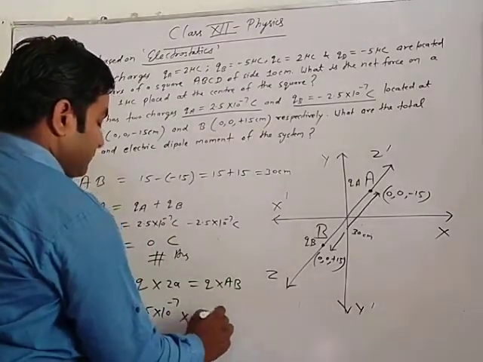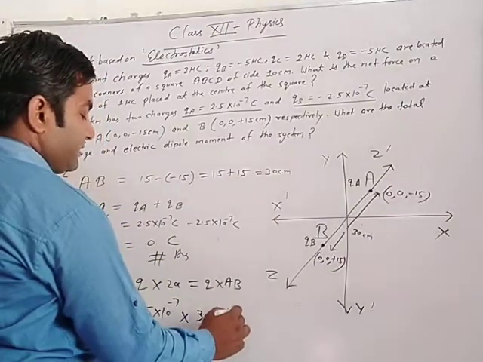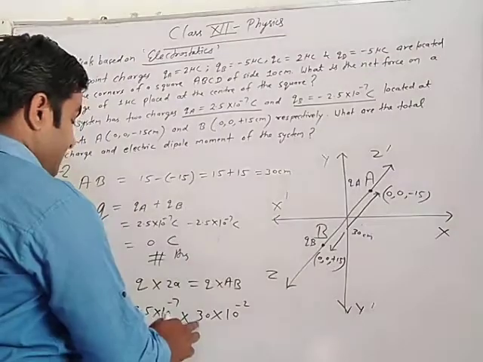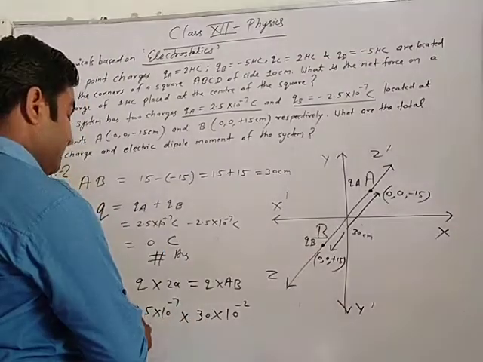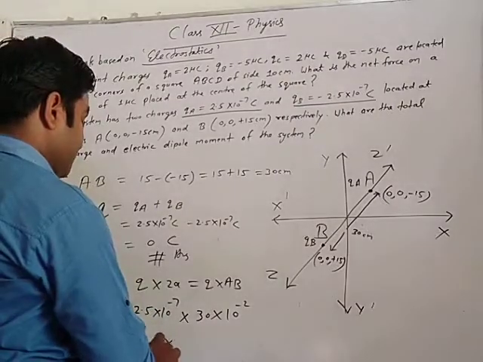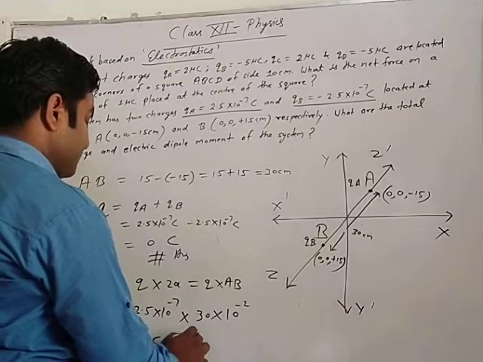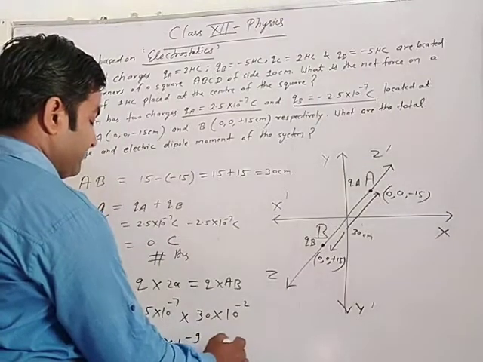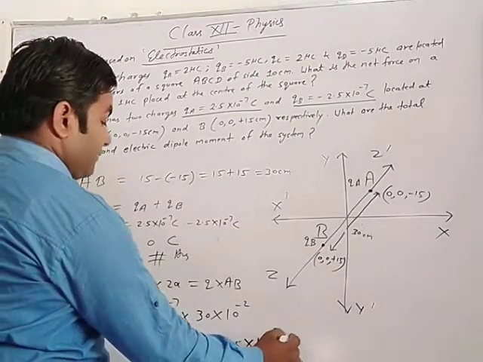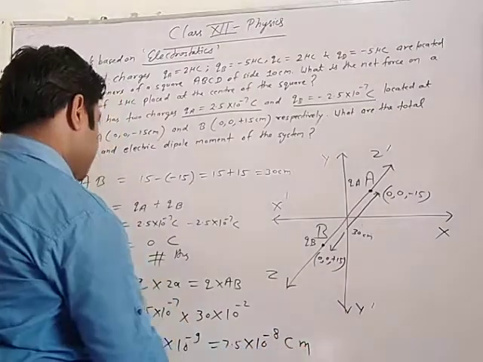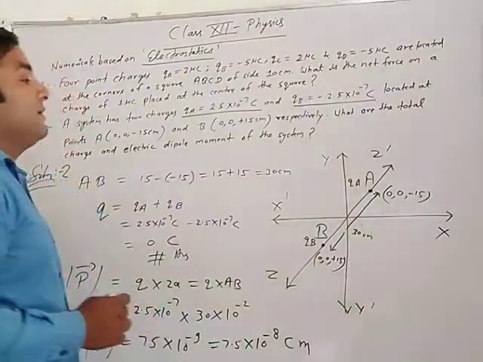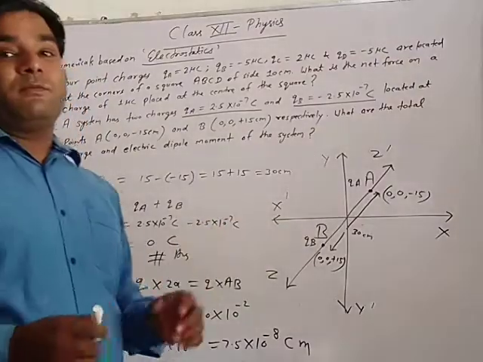Changing centimeter into meter, it is 10 power minus 2. Then the 0 will be cancelled out. So 25 into 3 gives 7.5 into 10 power minus 8 coulomb meter. This is the value of the dipole moment, and the direction is from negative charge to positive charge.